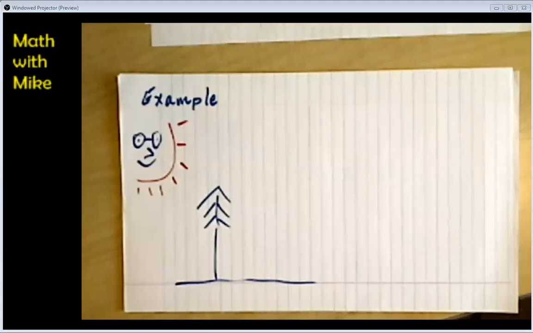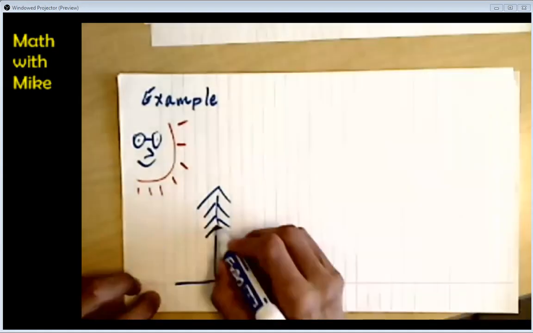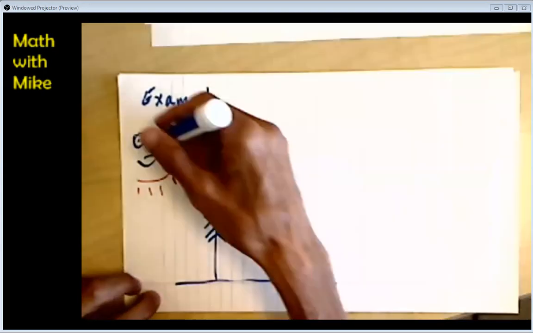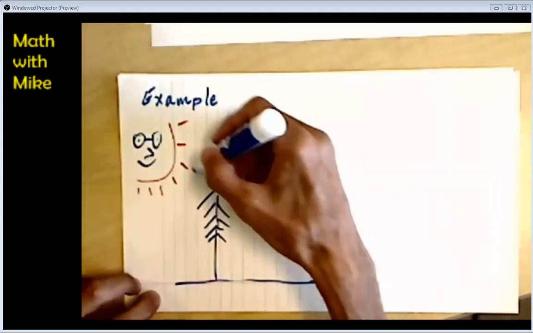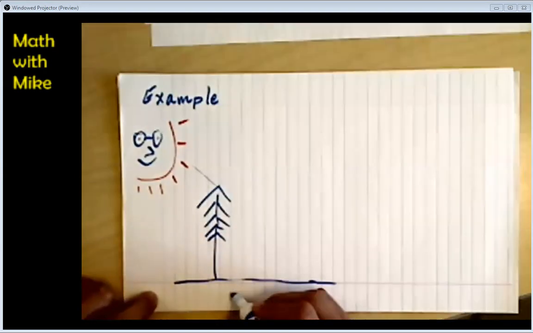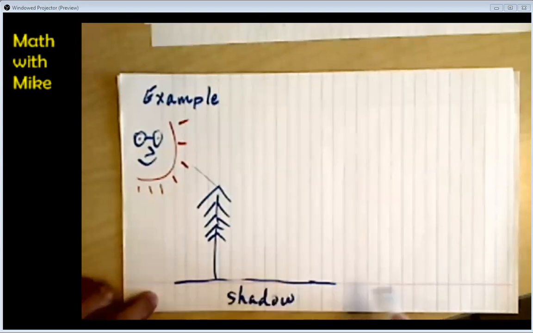Come down? Fall? Not necessarily, because trees, they like the sunlight, right? The sun shines down here, the rays hit it. What you're going to get is a shadow along the ground, right?